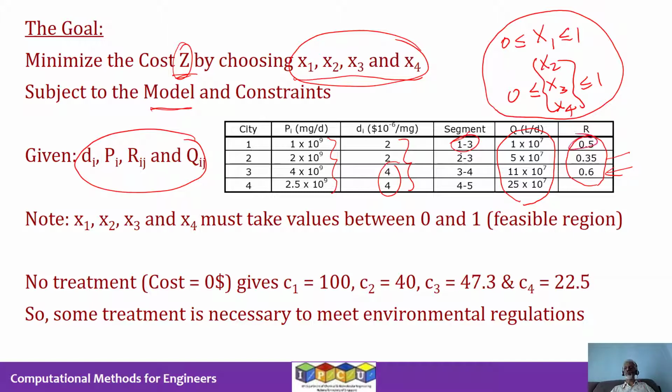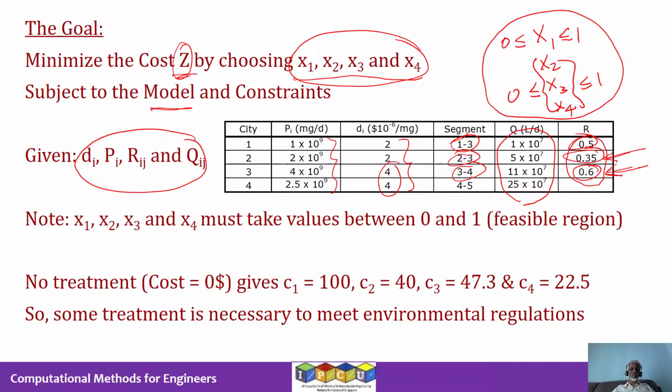R12 is 0.5, R23 is 0.35, R34 is 0.6. So that looks like it is significant, right? At least 35% of the pollutant is removed by the environmental or the natural processes, and it can be as high as 0.6 in segment 3-4. So these values are all given.